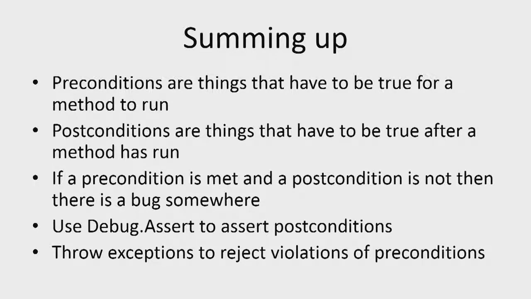If all the preconditions have been met, but one of the postconditions has not been met, then you've got a bug somewhere. You've got to find it. You can use Debug.Assert to assert your postconditions. And you can throw exceptions to reject any violations of preconditions, so that you know that the method will not return normally if a precondition is violated.